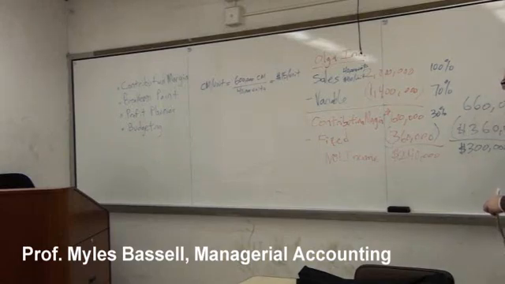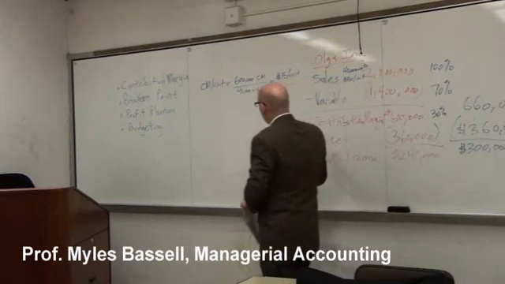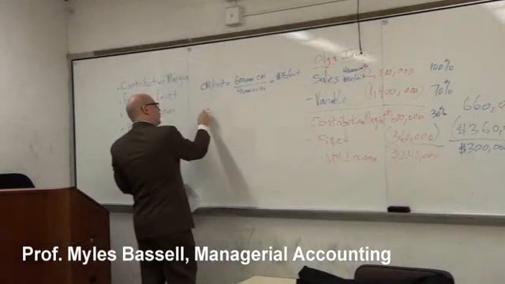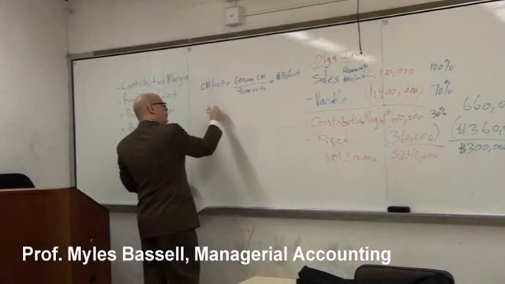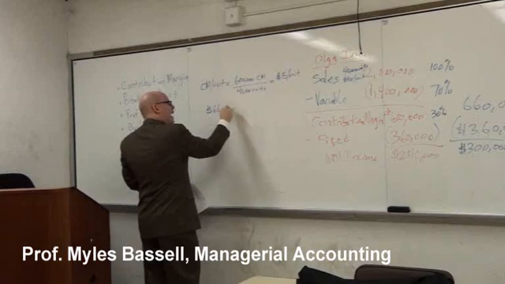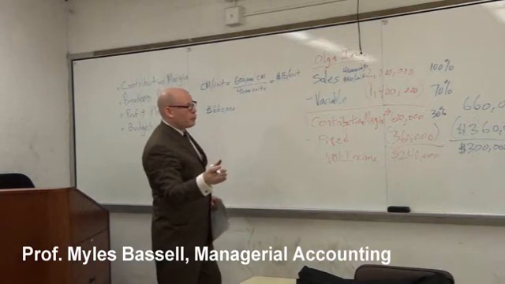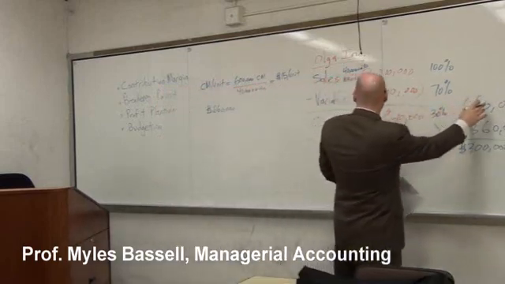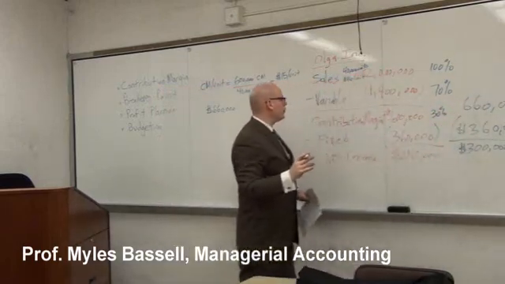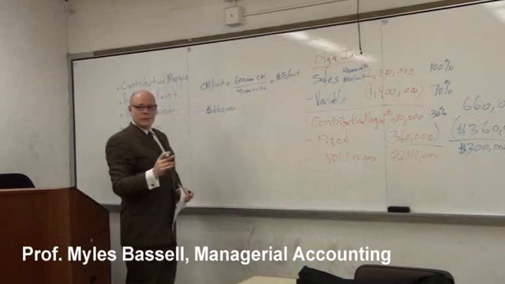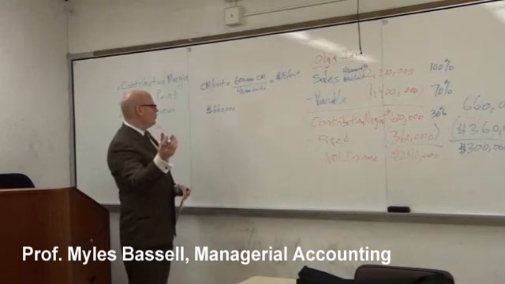So that's what we just solved for. So now that we know that the contribution margin is 660,000, we need to find out how many units we need to sell to achieve that contribution margin. So what do we do?